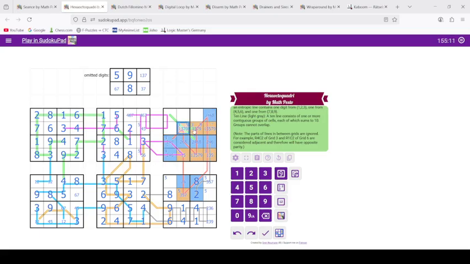If this is 3 or 7, this is 2 or 8. Why does that break? With a 2, that'd be 3, 4, 5.